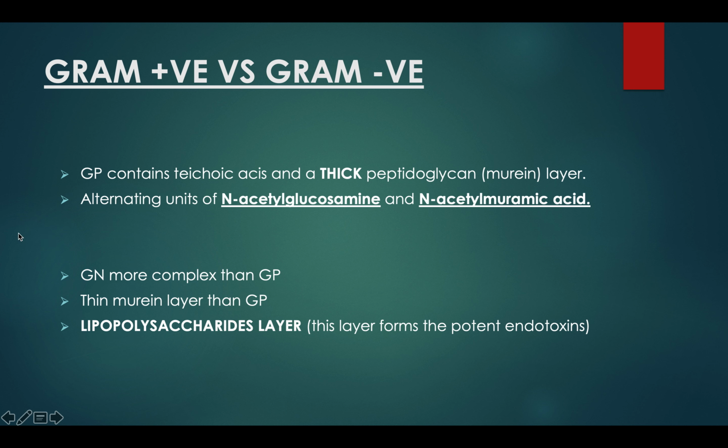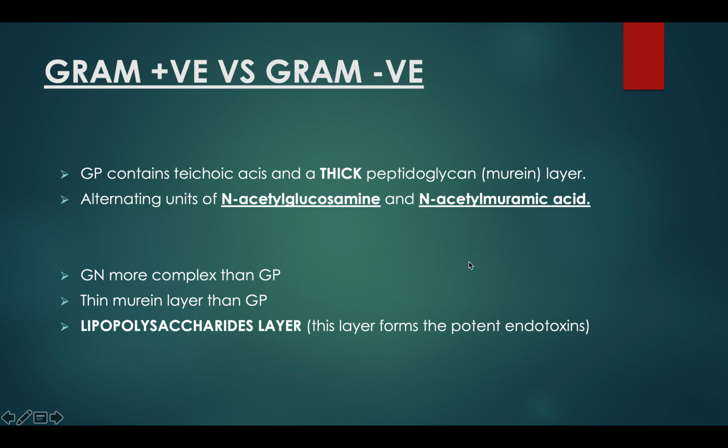The major difference between gram positive and gram negative is that in the gram positive organisms, the cell wall contains teichoic acids and has a thick peptidoglycan layer. This is of importance here. The peptidoglycan layer is also called the murein layer, so if you find this in a question, don't get confused. It's going to be the peptidoglycan layer.